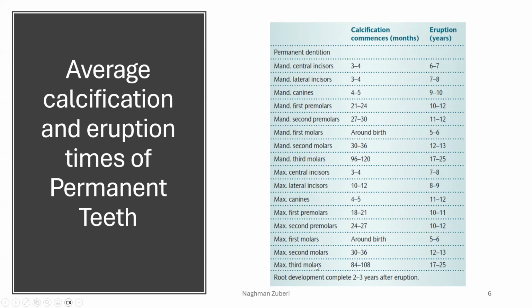Maxillary third molars, their calcification starts between 84 to 108 months, and eruption is 17 to 25 years, which I told you earlier, they may be missing, not erupting at all, or impacted. Here, keep in mind for the permanent teeth, after the teeth have erupted and reached occlusion, it takes almost 2 to 3 years for the root completion after the eruption.